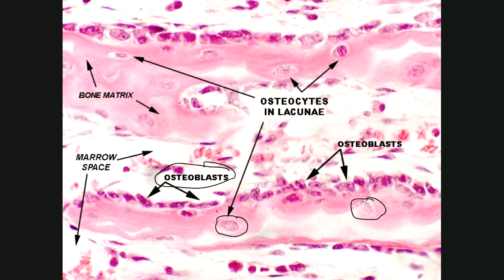They're trapped. They're surrounded by bone. And so once they're surrounded, they change from being this cell that looks like this to being the cell that has all these arms. And again, they're going to use these arms to pass materials from one cell to the next.